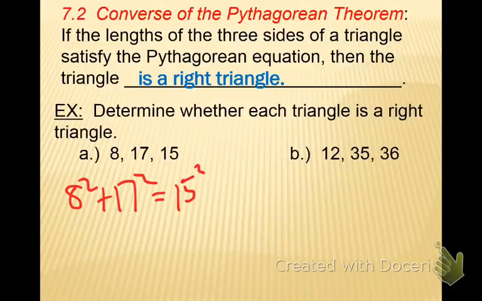Yeah. You can't just write down the numbers in the order they're given to you. The longest one has to be what it equals, right? So we have to have the 17 after the equals, right? So 15 squared equals 17 squared.